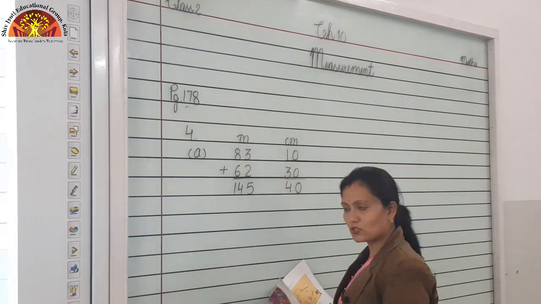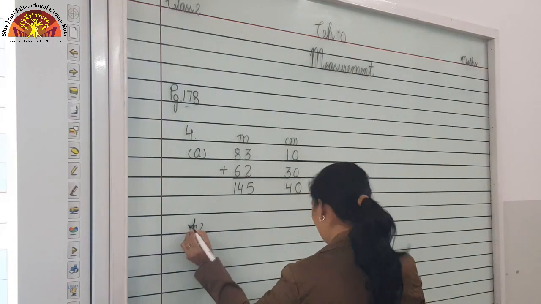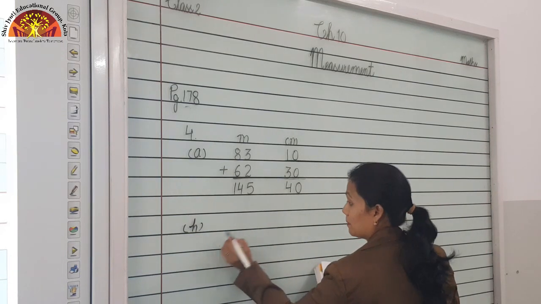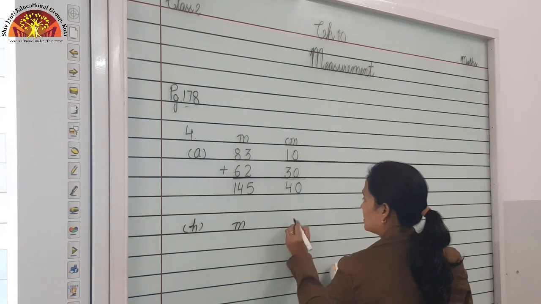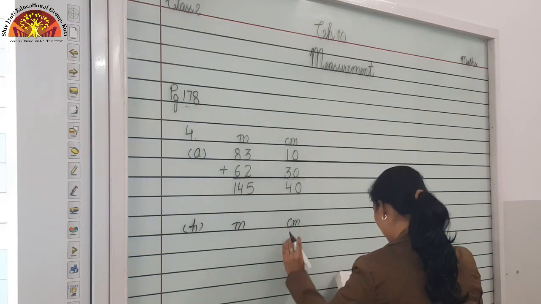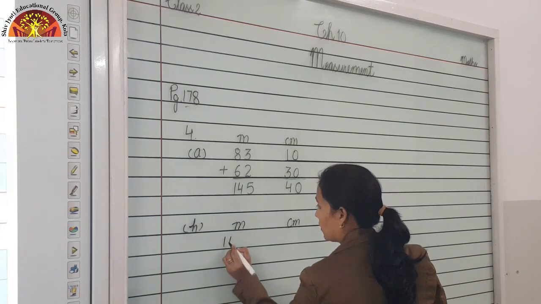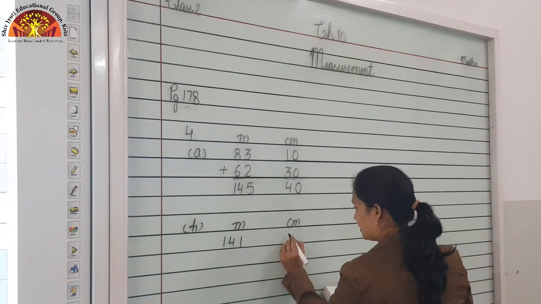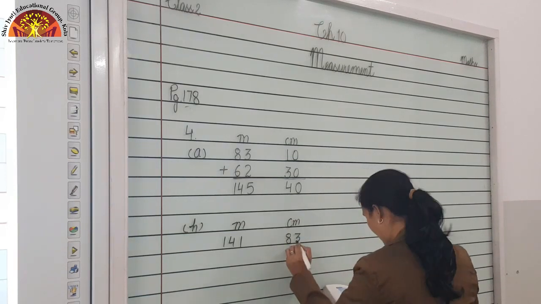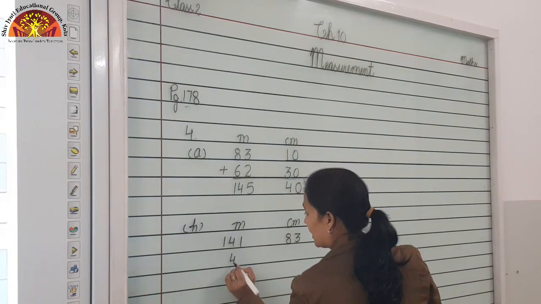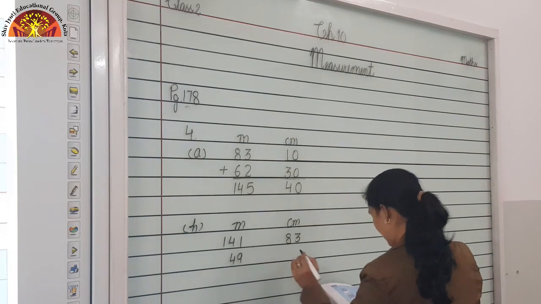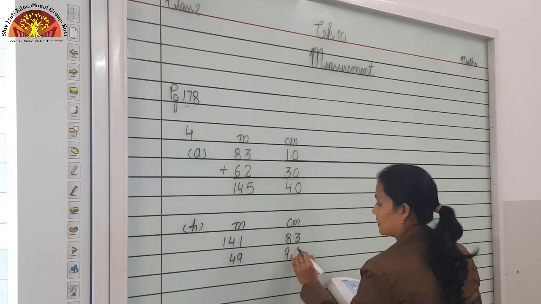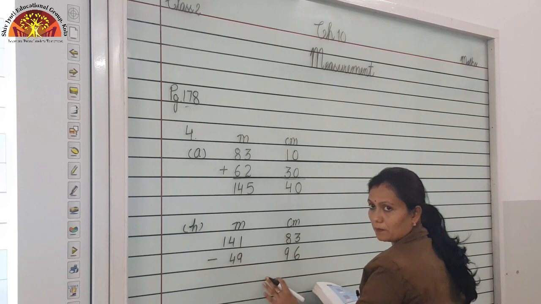Now we'll see H1 meter centimeter. Right? Here it's 141 meter 83 centimeter and 49 meter 96 centimeter, right? Here we have to subtract.